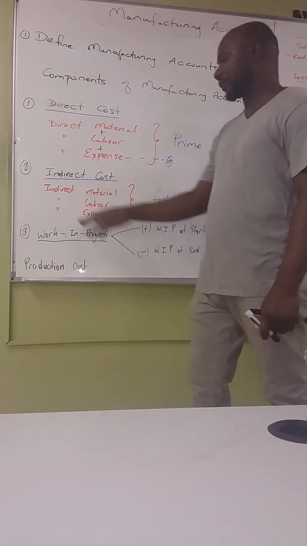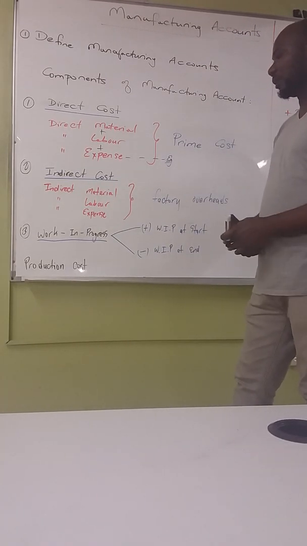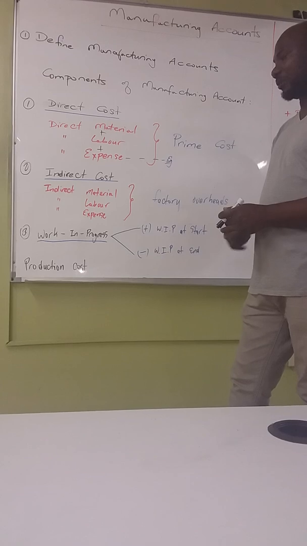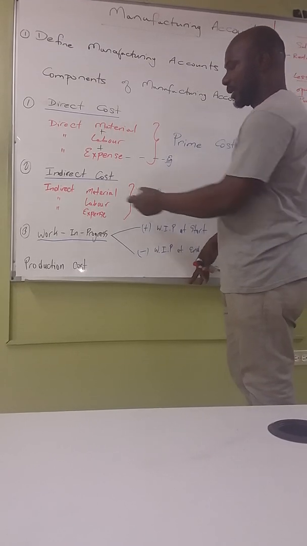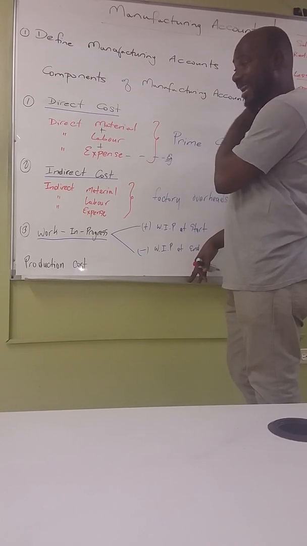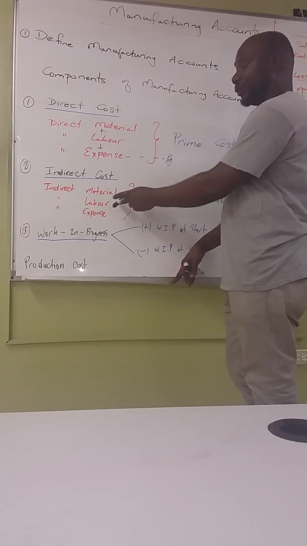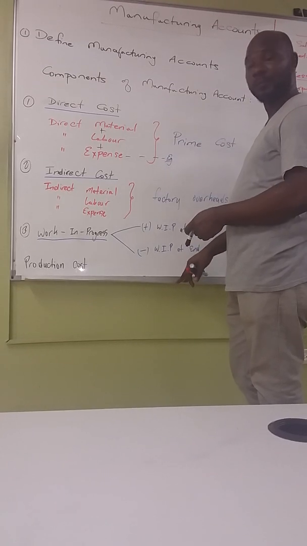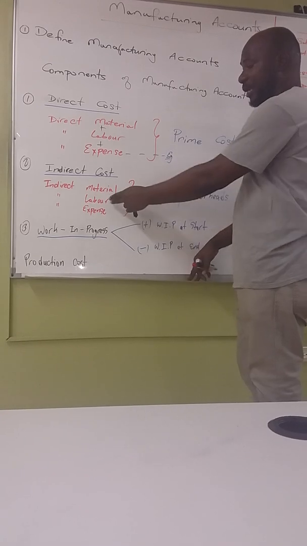Another indirect cost could have been what we call indirect labor. Now you're running a furniture company. Indirect labor could have been labor cost that has nothing directly to do with the making of the furniture, but those labor costs are there. So it could have been, for example, your payroll officer.